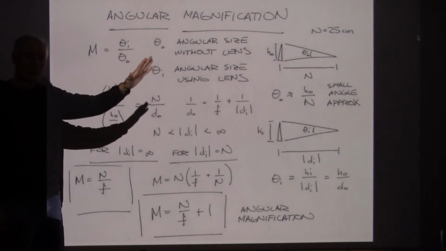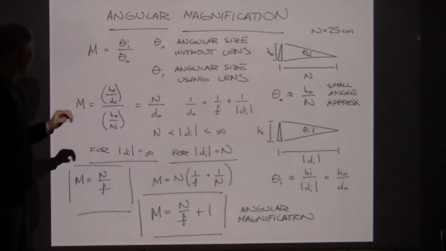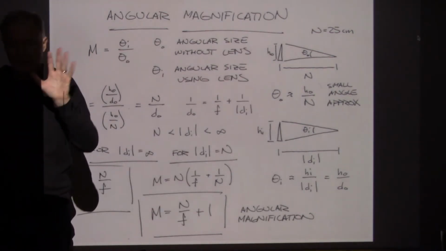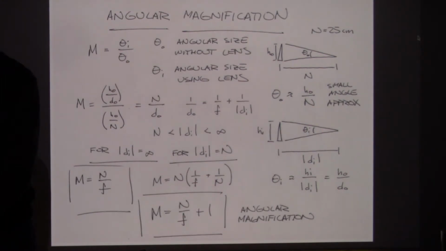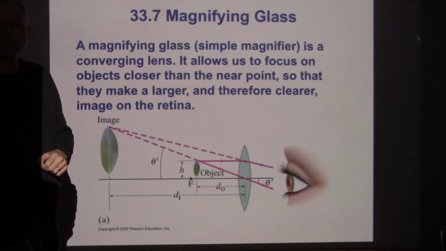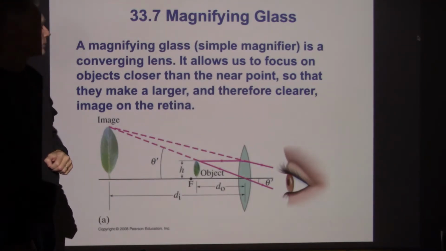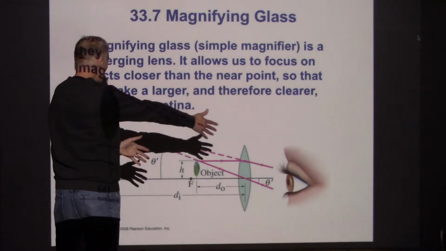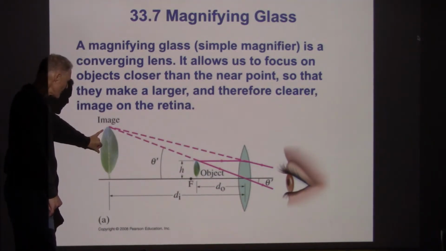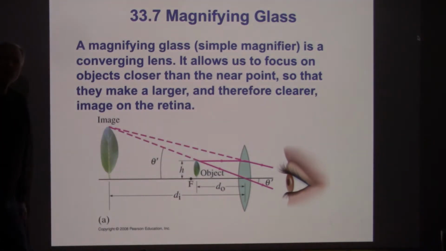So if I can bring the object in closer, I can get more and more angular magnification. Now there's a limit to how close I can bring the object in. If I go back to this picture, how close can the object come in and I can still focus on it? Well, the object can come in as far as whenever the image reaches the 25 centimeter mark.